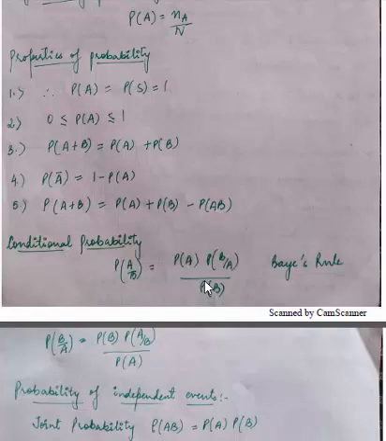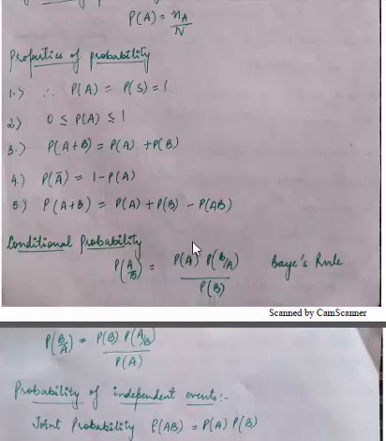Suppose the event of interest is A and the event B is known or assumed to have occurred, then the conditional probability of A given B is usually written as probability of A by B. So probability of A given B is equal to probability of A into probability of B by A, whole divided by probability of B.